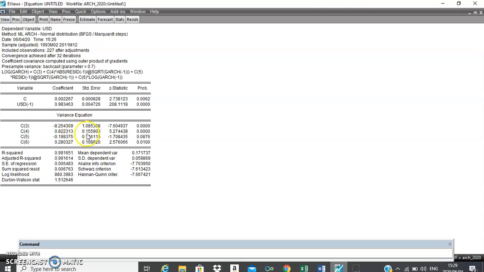Now in this case, the fact that it's negative, less than zero, and also statistically insignificant, it basically says the positive shocks, which is the strengthening of the Namibian dollar, will not result in future forecasts that are more variable. So there is going to be less volatility in the next period.